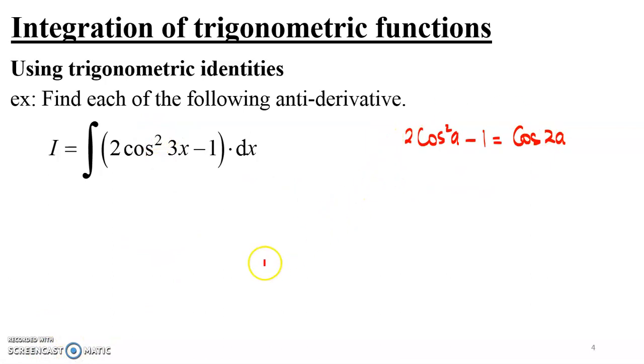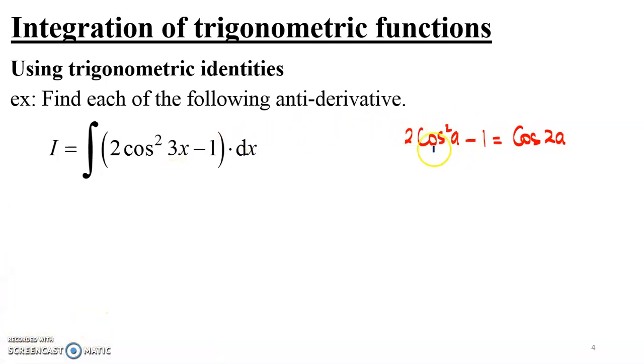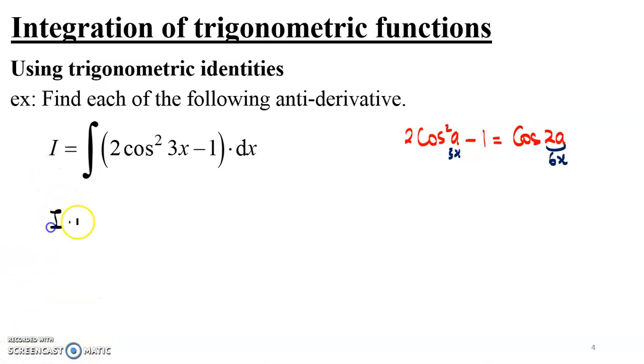It's good to go back and recall the trigonometric identities, the double angle formulas of sine and cosine. If we compare with the function inside the integral, we notice that a here is 3x. So 2a would be 6x, which leads me to my integral as the integral of cosine 6x dx.